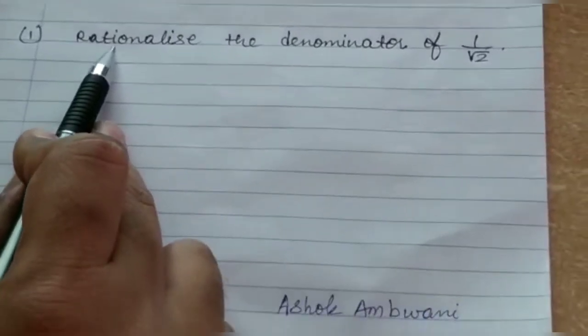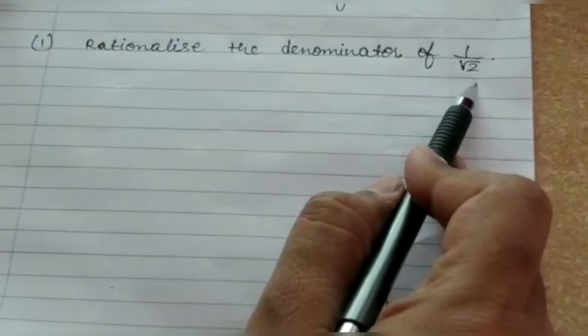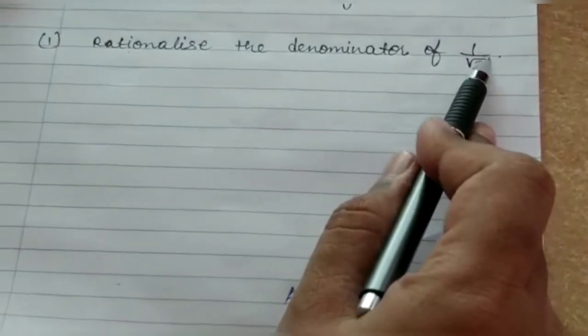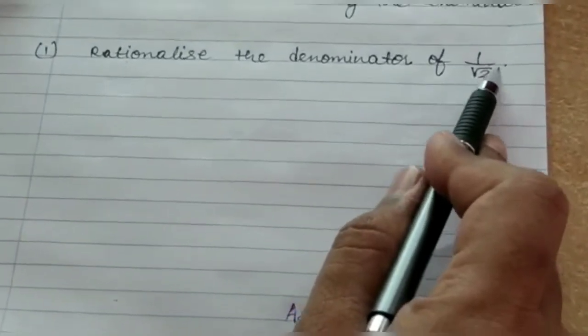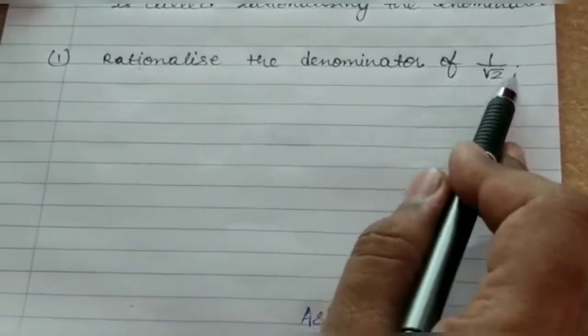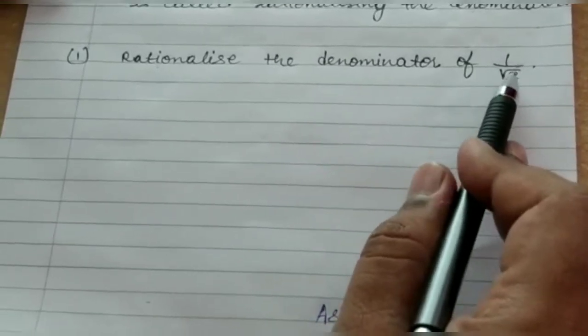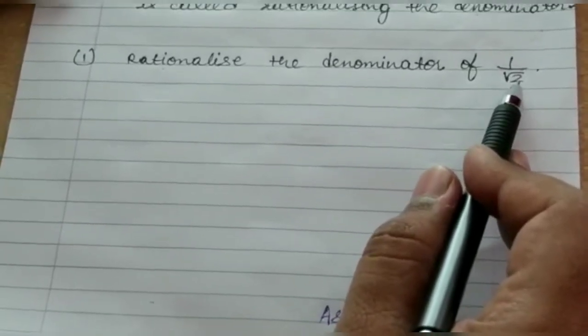Say for example, it is given: rationalize the denominator of 1 by root 2. Here you can see that in the denominator an irrational number is there. We need to rationalize this denominator, meaning the denominator should be a rational number.